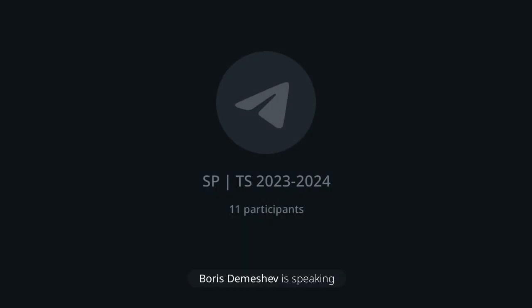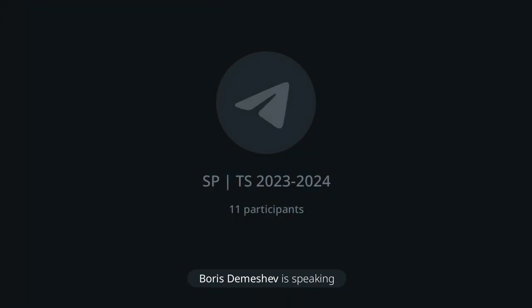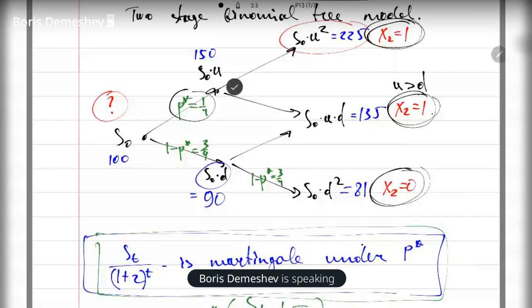And once again, the process is very simple, and now we have the advantage that we can explicitly describe what P star is. In the abstract setup of the continuous time model, that's a little bit hard to get, because P star is a probability measure that makes something a martingale, that makes something a Wiener process. That's hard to guess. But in a two-stage binomial tree model, we just explicitly calculate P star.